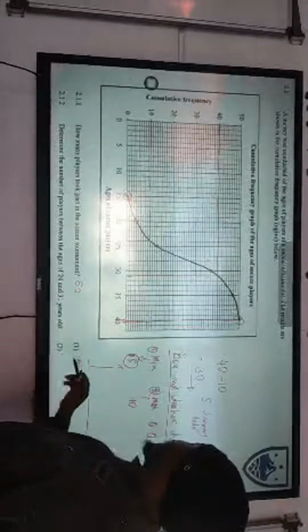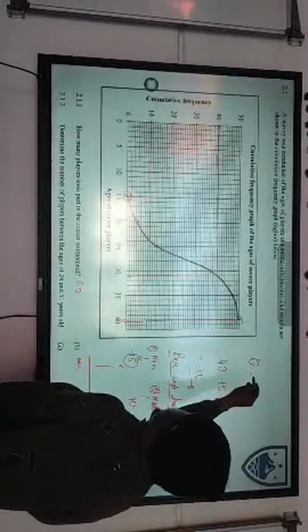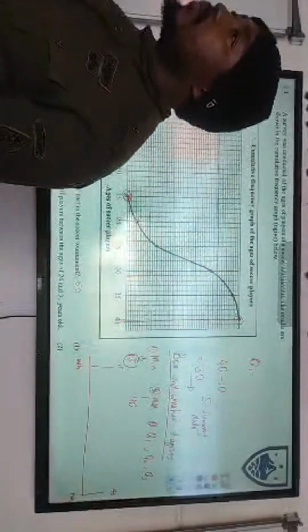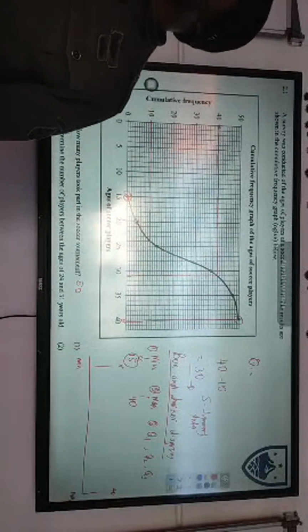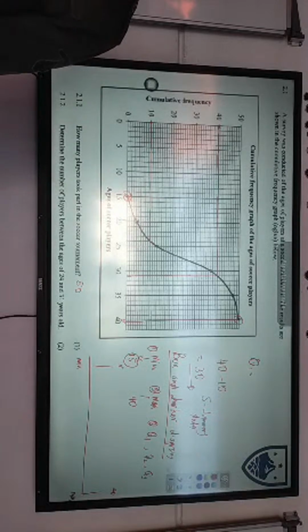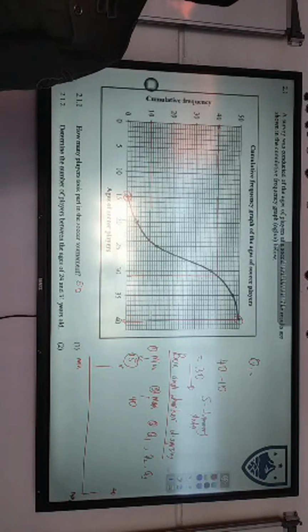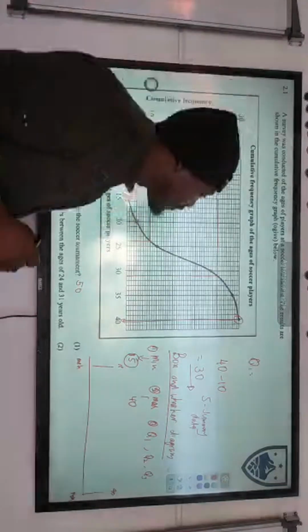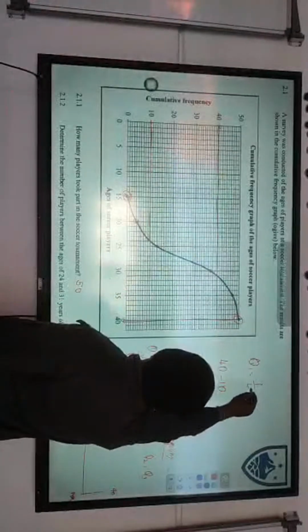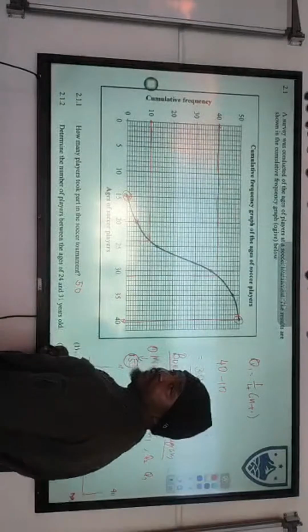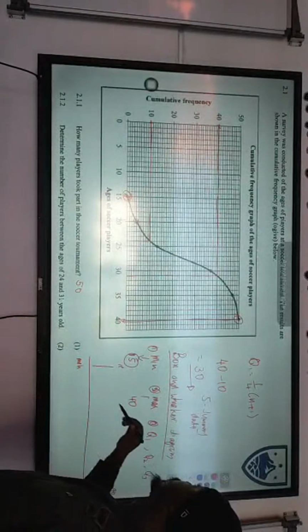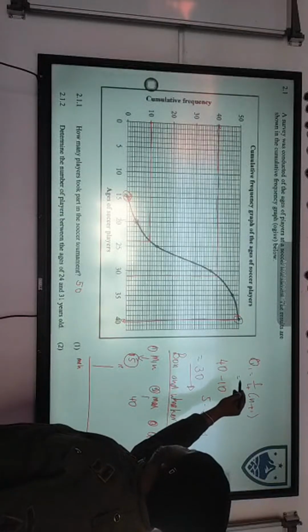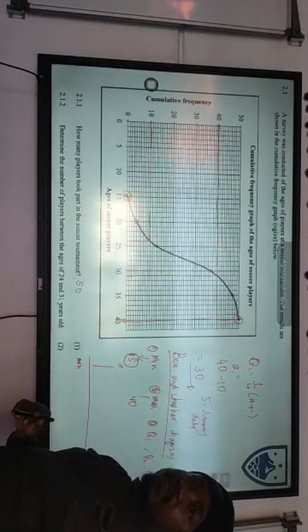And then we want Q1. How do we calculate Q1? Focus. Q1, quartile 1, is 25%. Remember that it's 25%, which is 1 over 4. So you'll have 1 over 4 times (n plus 1). Remember that, that's the position. The total number, we said, is 50, right?